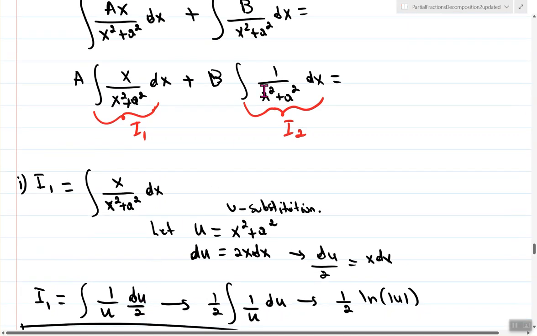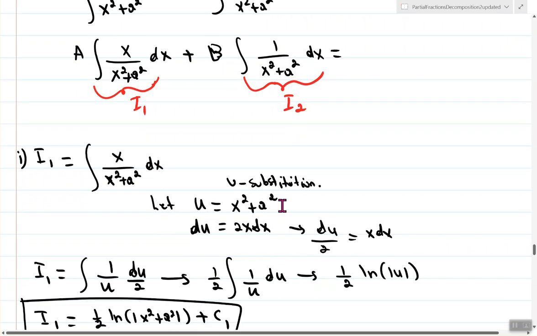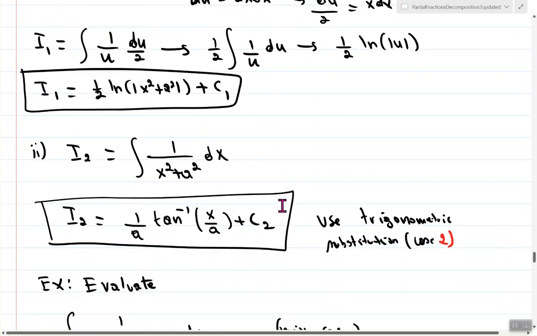For the second integral, when you are asked to integrate 1 over x squared plus a squared, we know this is case 2 of the trigonometric substitution, where you set x equals a tangent theta.